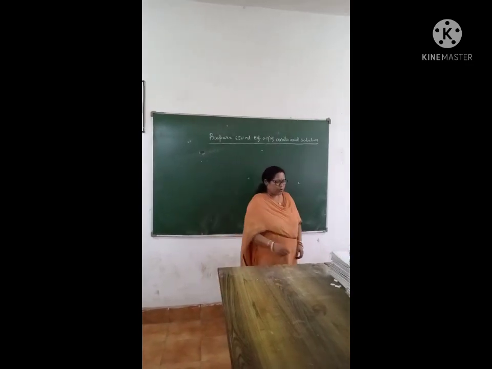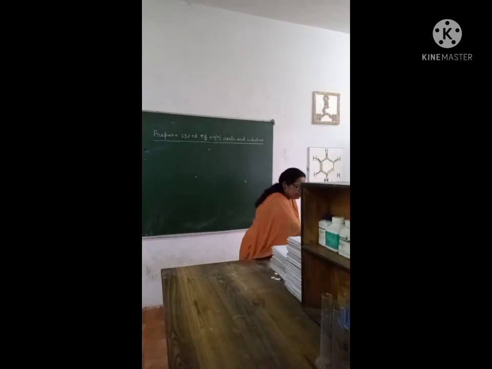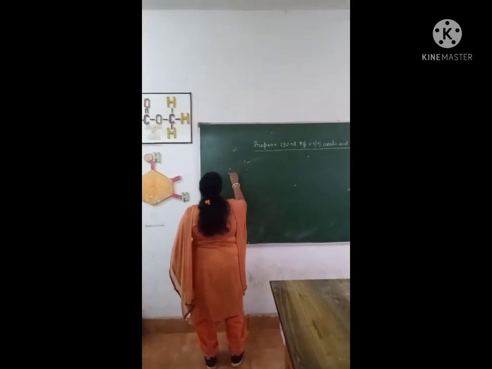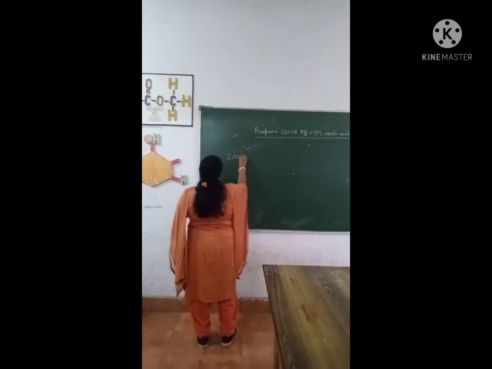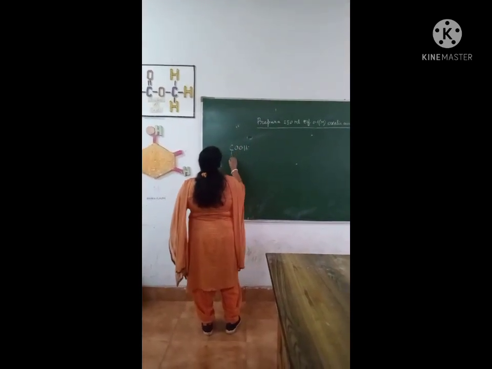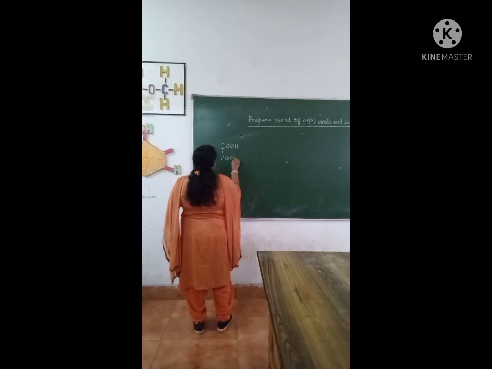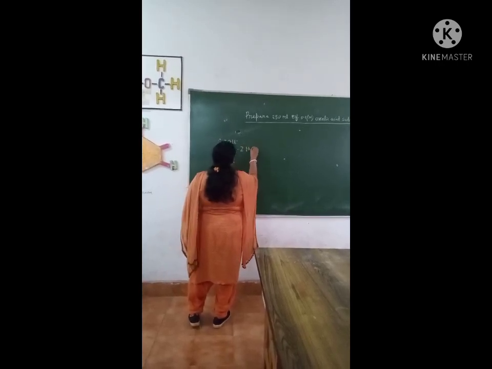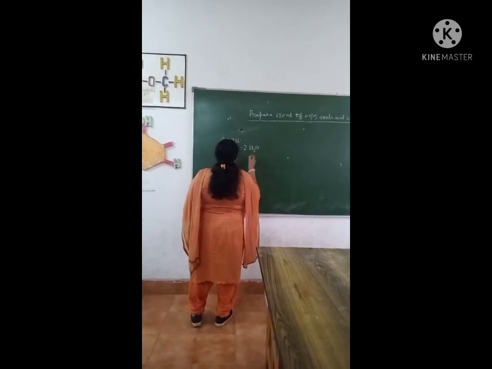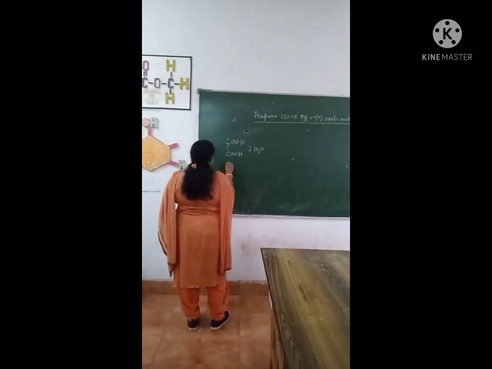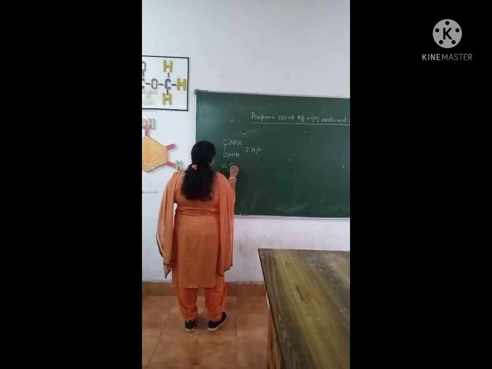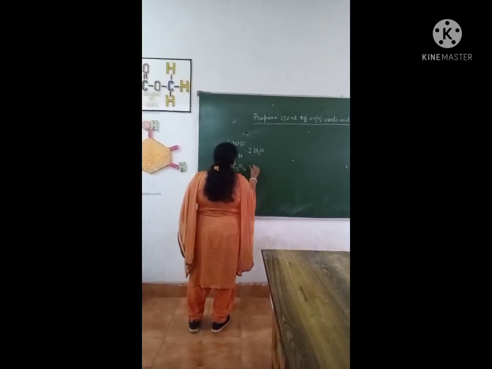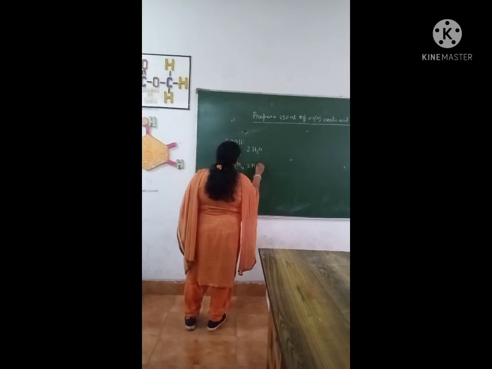The formula of oxalic acid is (COOH)2·2H2O. We can also write it as H2C2O4·2H2O.